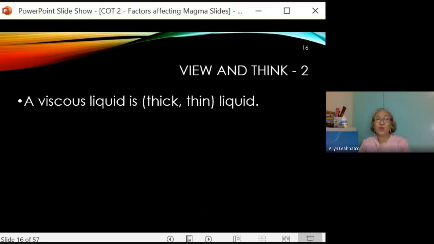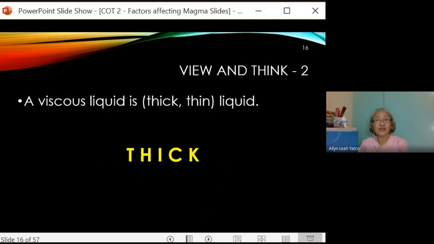Choose your answer from the words within the parentheses. And you have thick. So in this case, a viscous liquid is a thick liquid.